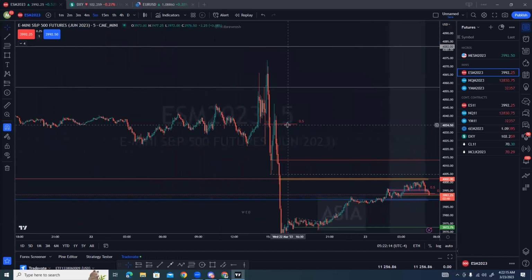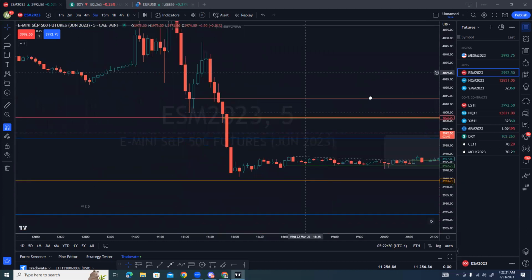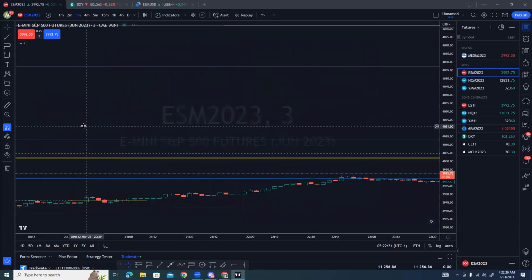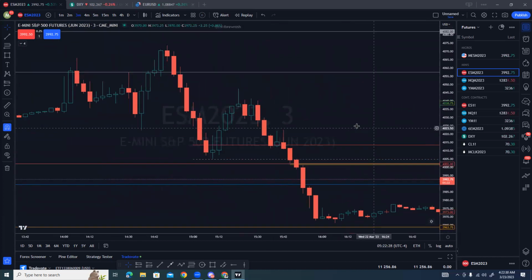But let's say you don't trade the wicks. You don't even know what consequent encroachment is. Perfectly okay. But you do know what order blocks are. 3-minute chart.